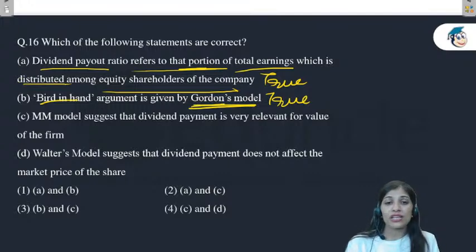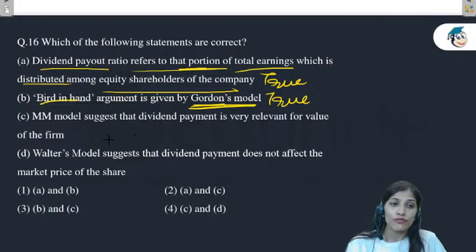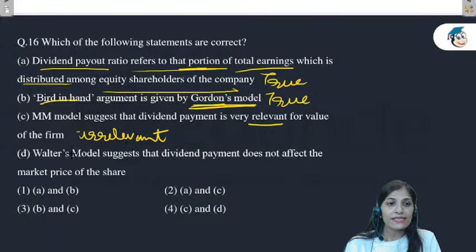It is a direct and straight question, right? If you know the answer, you know the answer. There is no conceptual thing over here. Bird in hand model is given by whom? Modigliani-Miller model suggests that dividend payment is very relevant for the value of the firm. No, it is wrong. It is irrelevant. Next, Walter's model suggests that the dividend payment does not affect the market price of the share.